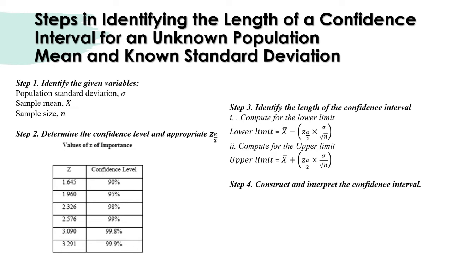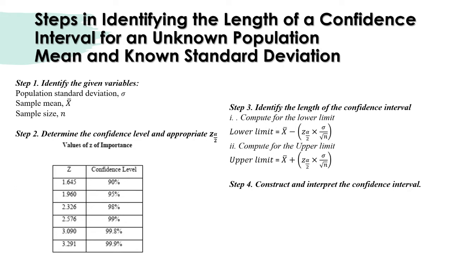Step 3. Identify the length of the confidence interval. Number 1, compute for the lower limit. The lower limit formula is lower limit is equal to x bar minus z sub alpha half multiplied to sigma divided by the square root of n.